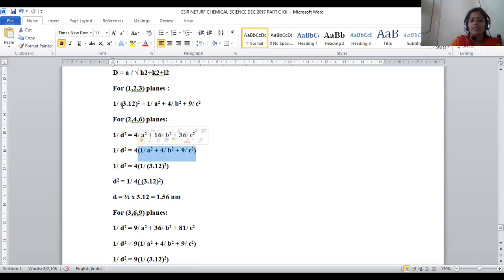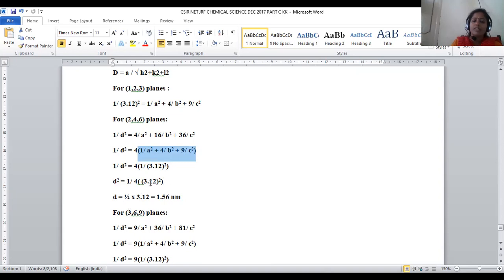So already it is in the denominator. That's why we can take this denominator value as such, 3.12 whole square. Now we are inverting the equation in this manner. d square is equal to, the entire equation will be inverted. So 4 will be converted into 1 by 4, and the denominator 3.12 square will become the numerator, right? So d is equal to 1 by 4 halved, which is converted into 1 by 2.